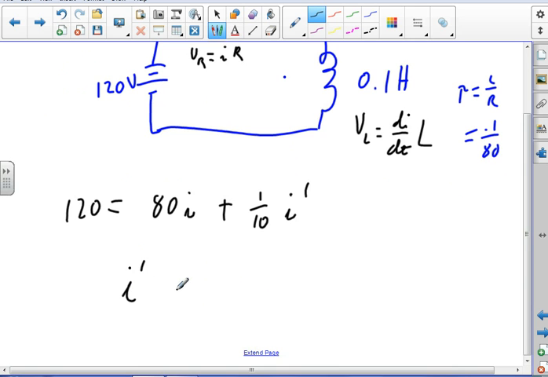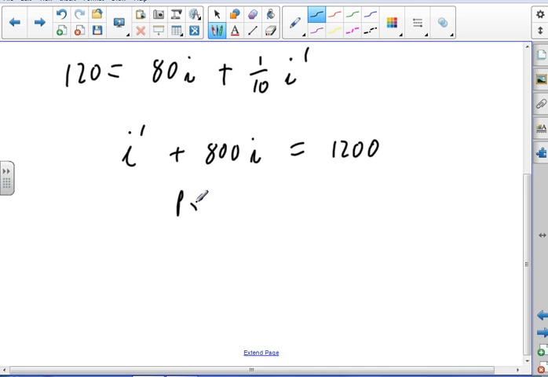I prime plus 800 I is equal to 1200. P of x is 800. Q of x is 1200. Couldn't anything be nicer than that?